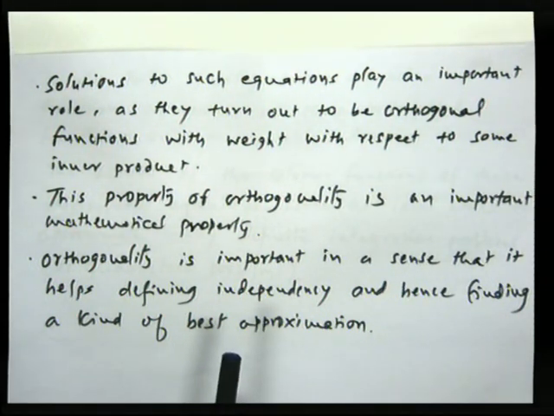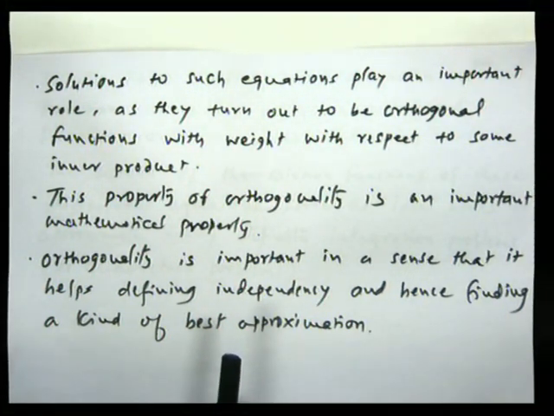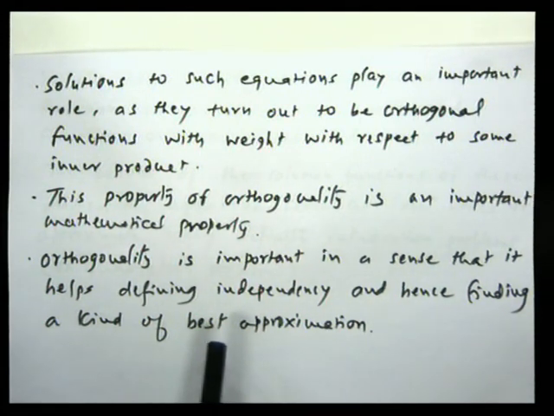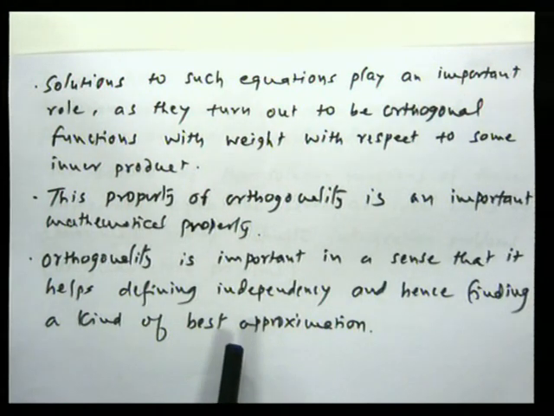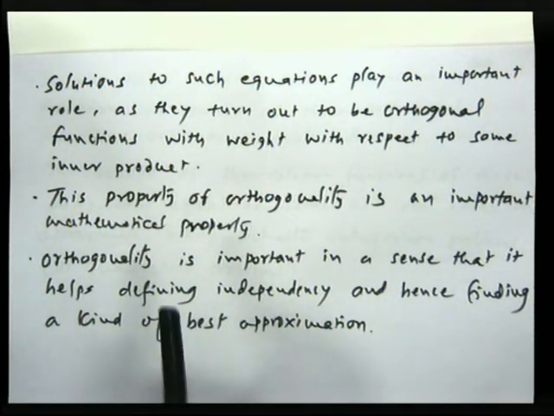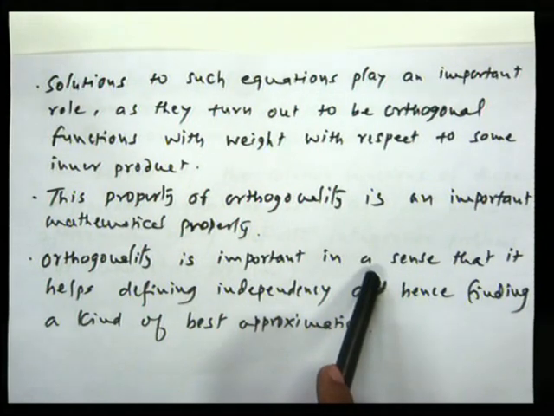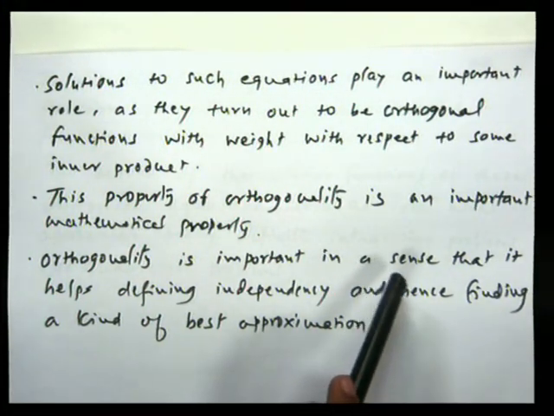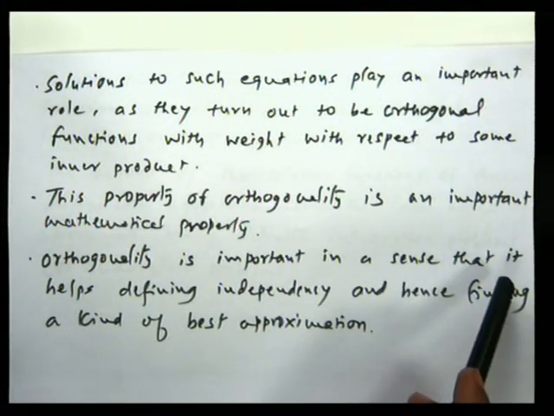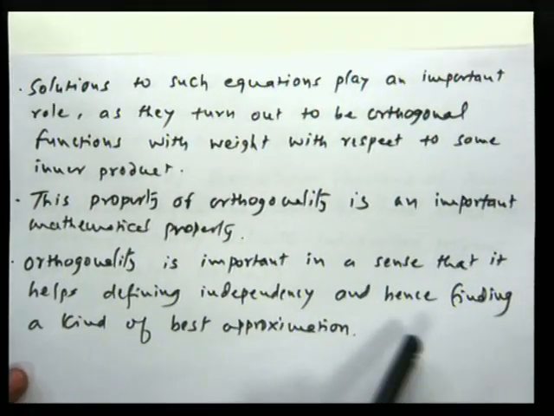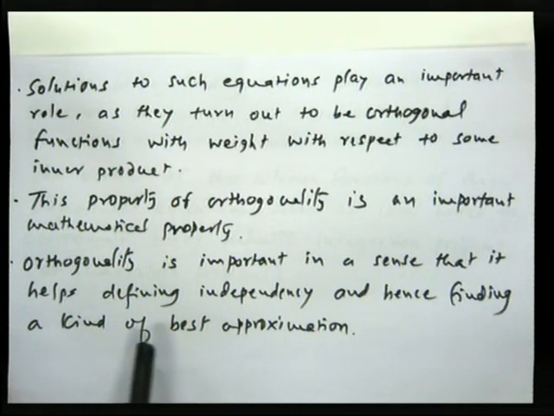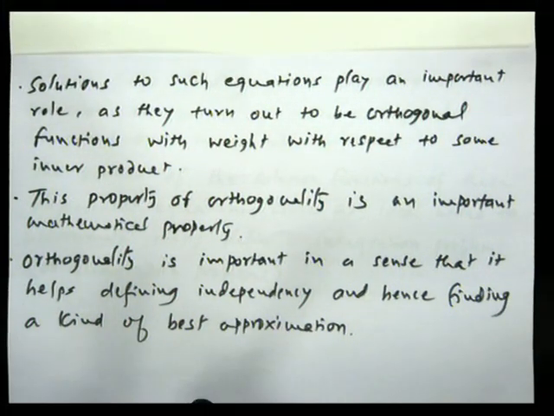That is the physical experience we have, where we get independency due to perpendicularity or orthogonality. So, orthogonality is important in the sense that it helps define independency and hence find a kind of best approximation.